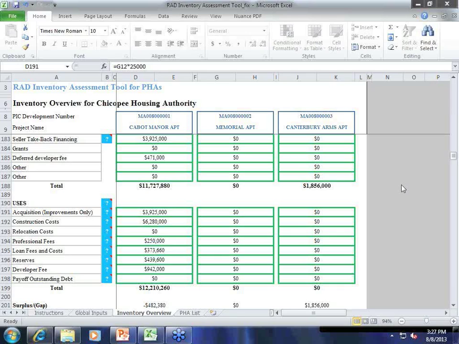Right, but you're not doing that big assessment until after you know for sure you have a project. So for this initial application, you're not filling all that out. That's right. Go ahead.